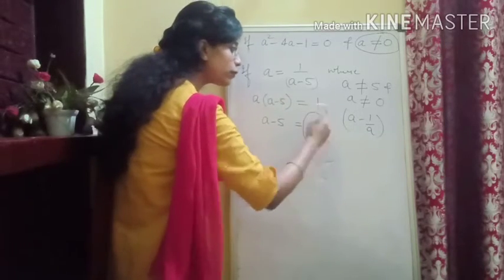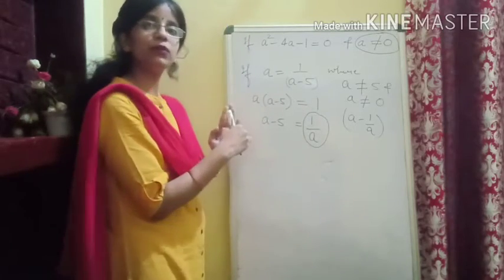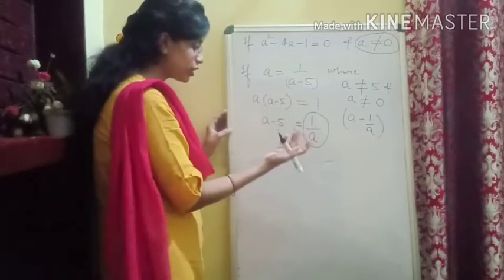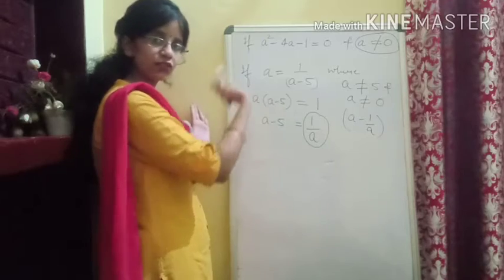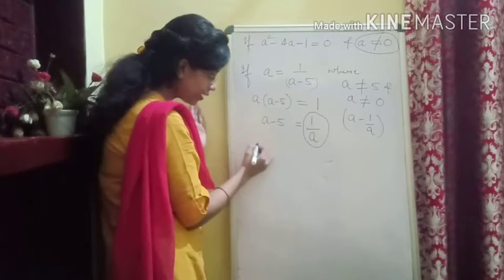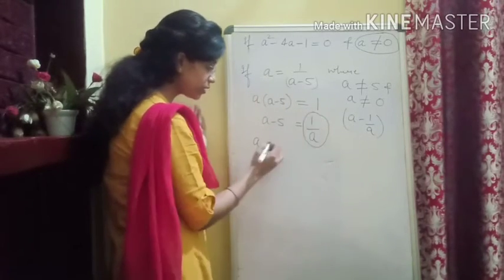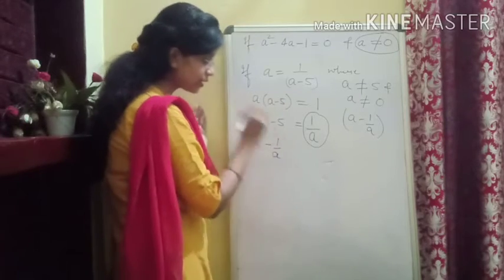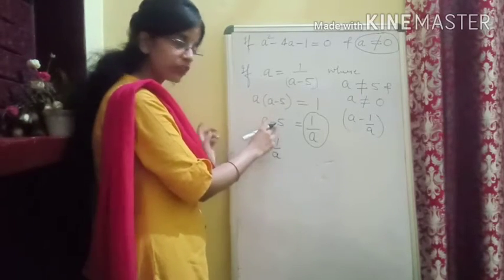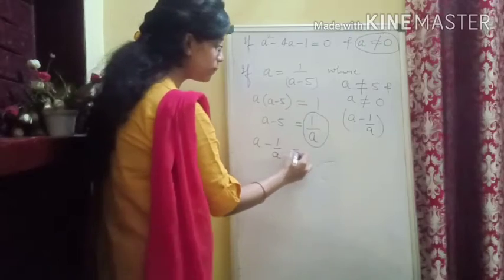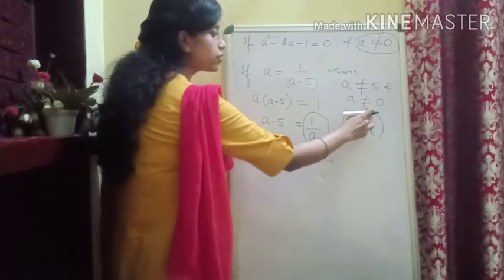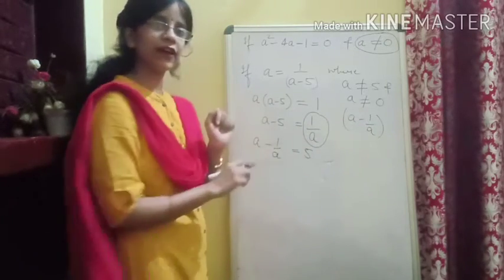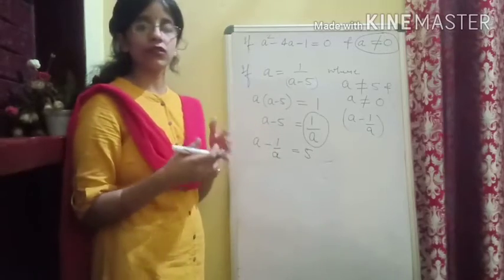When this whole 1 upon a comes to this side, it will be with a minus sign. The sign will change whenever we take values from one side to the other side. So a is already here, this 1 upon a will come here with minus, and this minus 5, when it goes to the other side, becomes plus 5. So a minus 1 upon a, the value is coming 5.